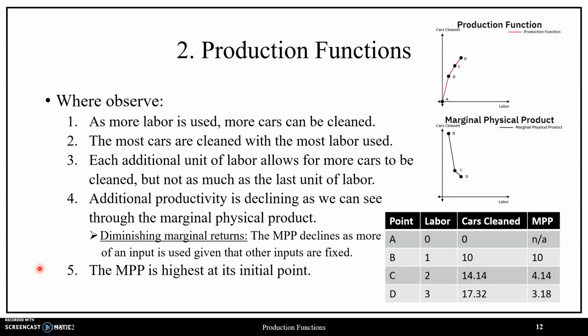This then leads to the marginal physical product being highest at its initial point, or if you look at our graphical representation, this means point B. And if we look at our table representation, this also means point B, where 1 unit of labor has been brought on board, where we saw this led to 10 cars being cleaned, so our marginal physical product value was 10. Where we'll pick up in our next video is we'll discuss the costs associated with production for a firm.